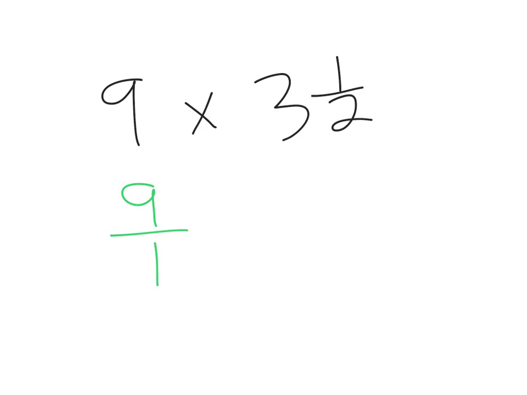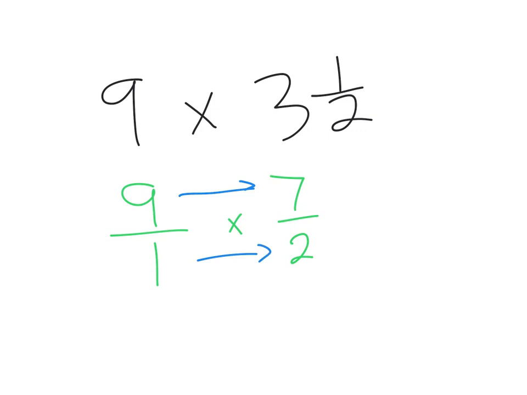Now I have a numerator and a denominator for that number. With mixed numbers like we have there, 3 and 1/2, I make that improper. And we do that again by taking 3 times 2 plus 1. 3 times 2 is 6, plus 1 is 7, over 2. Denominator stays the same. So all we do now is just like we did on the last problem, I'm just going to multiply straight across.